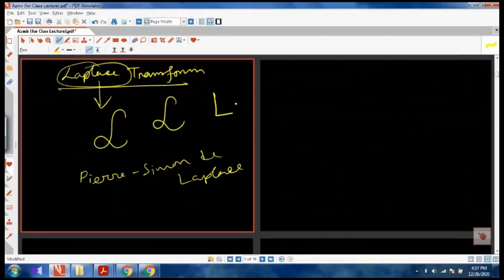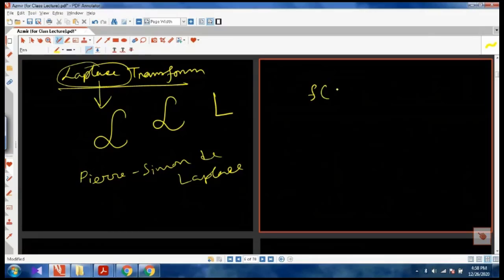Before studying Laplace transformation, we have to know the definition. So what Laplace transformation does is that it transforms a function, a time variable function, where time is input, to another function with another variable s.